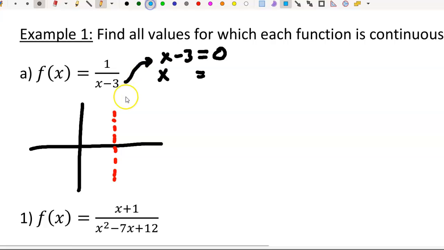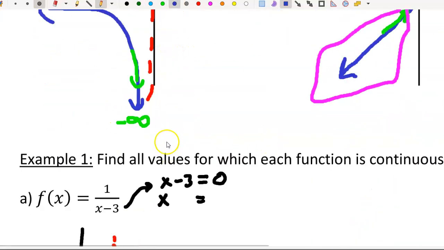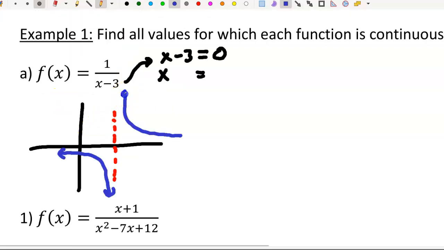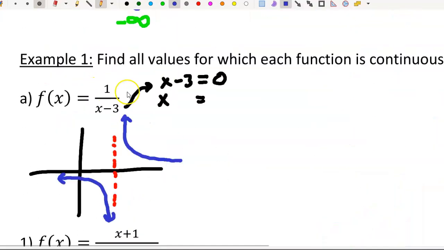And then you can see that it's basically this graph just shifted to the right 3. So it's just going to be the same 1 over x behavior, right? So you don't need to know every single type of function, but if you know 1 over x, you should be able to figure out what 1 over x minus 3 looks like.